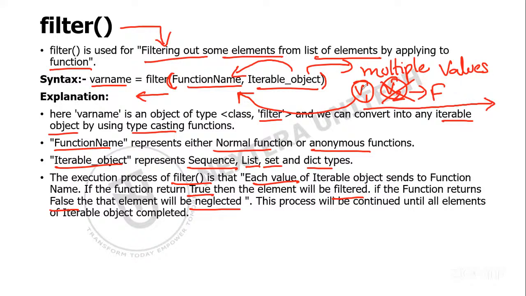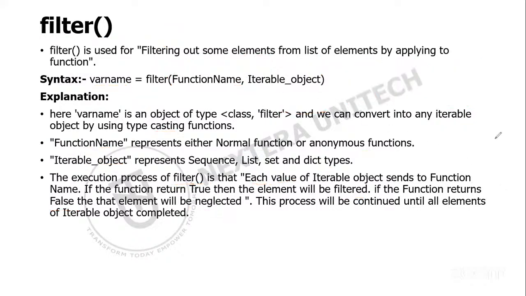For all the elements, the same journey continues, and accordingly, it will filter only the elements or values for which the function returns true. And if the function returns false, the values will be ignored, neglected. Simple? Yes.